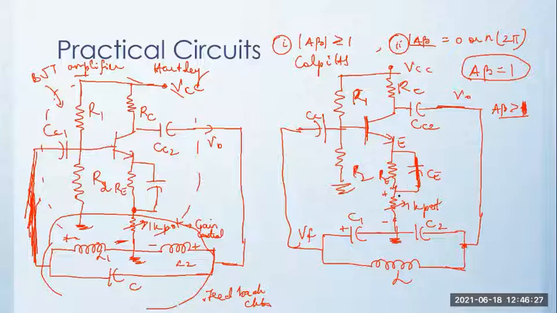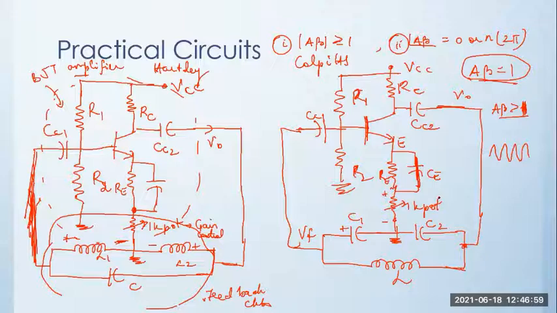Using this pot, I will reduce it slightly so that I make A beta exactly 1, and the circuit will produce stable oscillations. Remember, that is the Barkhausen criterion. Whenever A beta is 1, it will start oscillating correctly. So we try to get that condition by providing a control through this potentiometer. Is this clear?